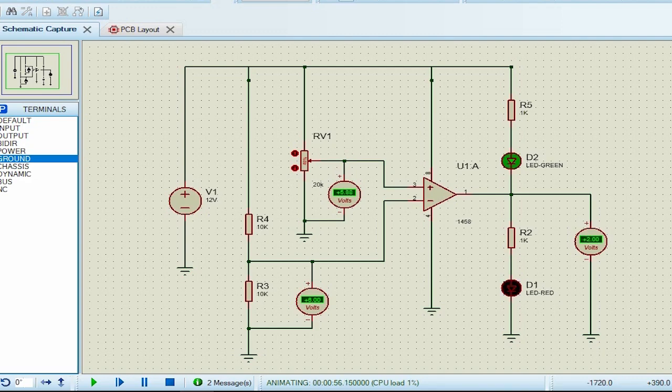And when it drops below 6 volts, that is, when the positive input is under the negative input, the output lowers the voltage. We don't have exactly 0 volts or GND, but it does give us a voltage with which we can turn on the LED that we have connected to positive.